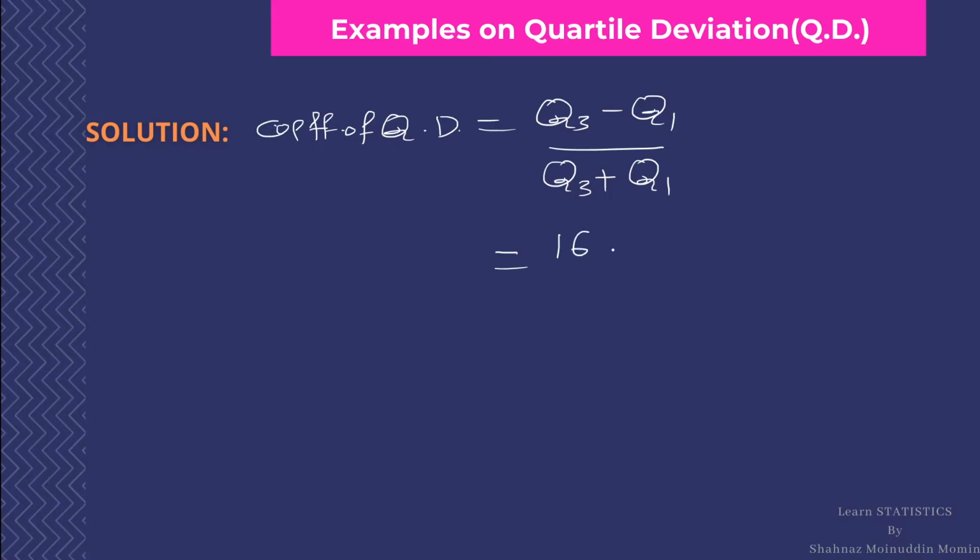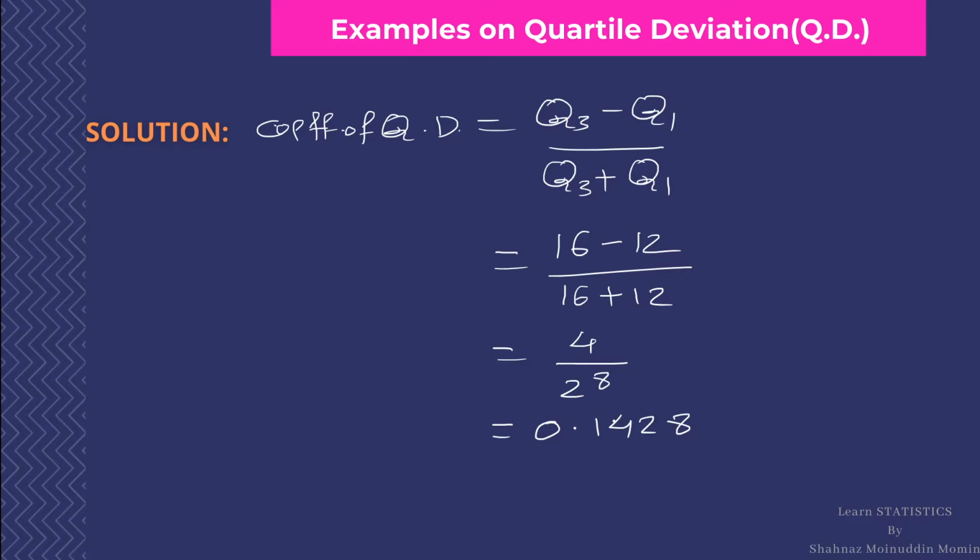Substituting the values, 16 minus 12 divided by 16 plus 12, this is 4 divided by 28, which is equal to 0.1428. This is the coefficient of quartile deviation of the discrete data in our example.